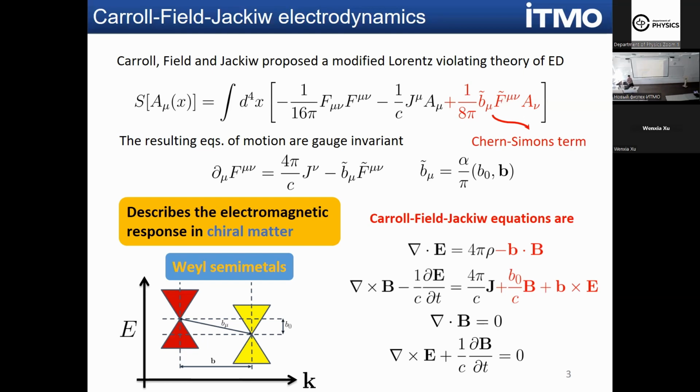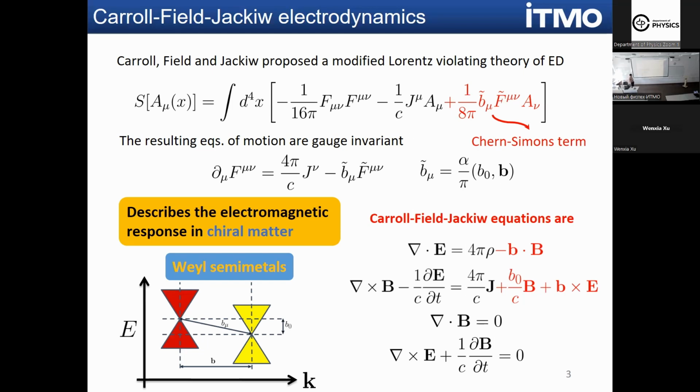Remarkably, this theory describes the electromagnetic response of what we call the Carroll model. A particular case of the Carroll model is Weyl semimetals, where the Lorentz-violating coefficients B correspond to the separation between the Weyl nodes in momentum and in energy.